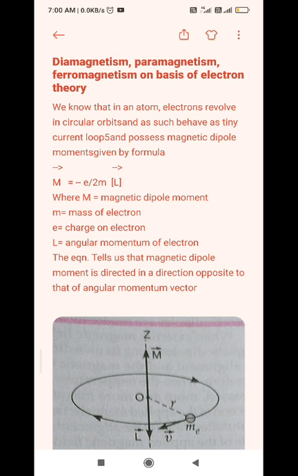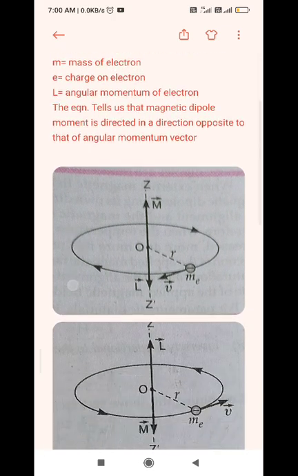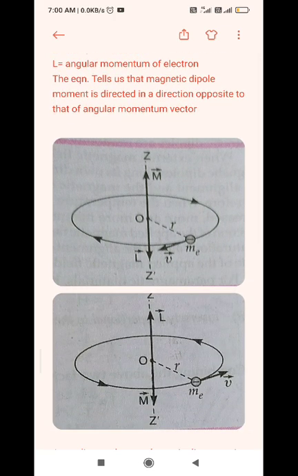So, according to the electronic theory, you see in the figure, we have two electrons. They move, one in clockwise direction with velocity v and mass m. The magnetic moment will be opposite to the angular momentum.